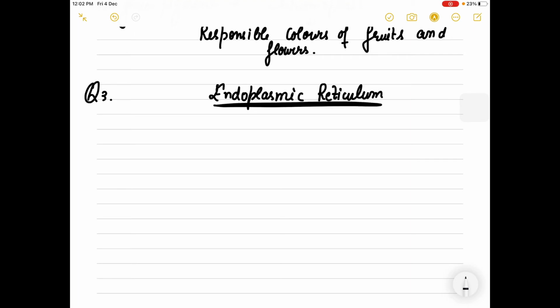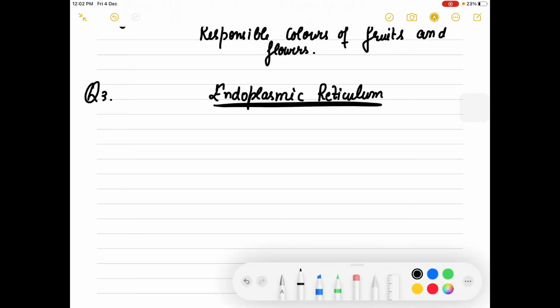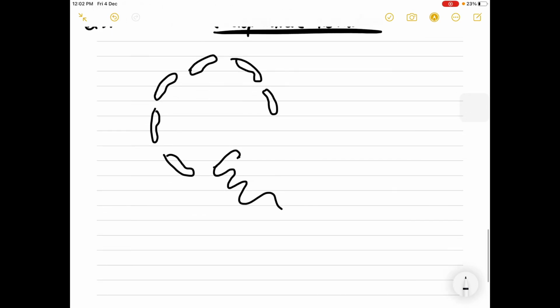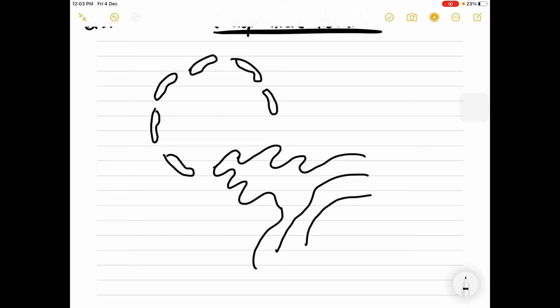One more time you can see that this is the nuclear membrane, and from this nuclear membrane there are arising these networks.